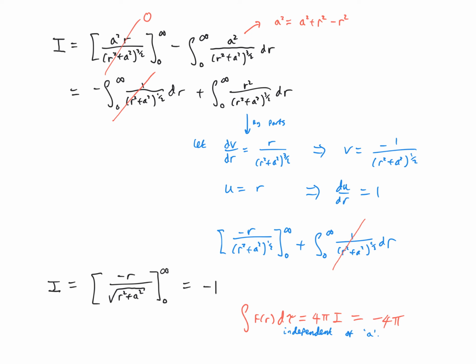So I can pick a to be large, in which case I have a very smoothed, broadened function, or I can pick a to be very, very small, and it would give me a very sharp, highly peaked function around 0. And the integral, independent of that, is the same thing, and it's equal to minus 4 pi.